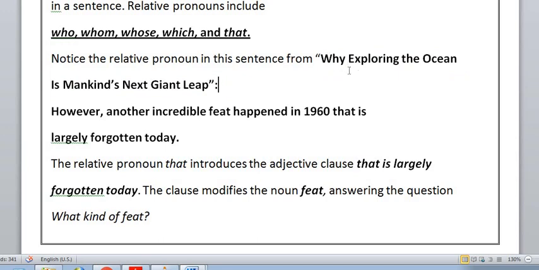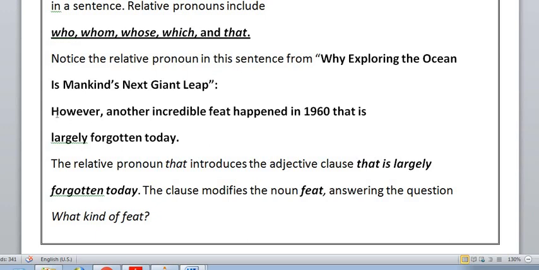This is the relative pronoun. Okay? Why exploring the ocean is mankind's next giant leap. This is all together one adjective clause. Why exploring the ocean? This is the subject. This is the verb. All right, and so on.